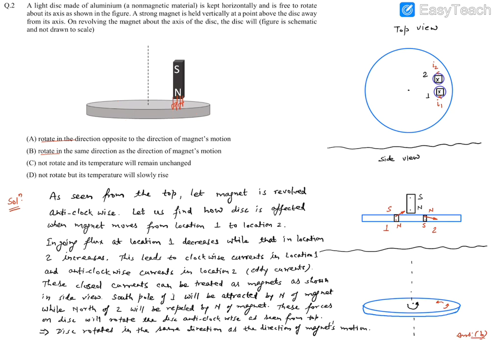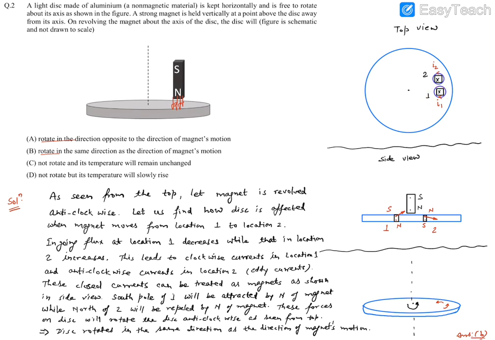But you will find that the field lines are denser just below the magnet. When the magnet shifts from location 1 to location 2, the field line density will decrease at location 1 and increase at location 2. Let's say these two locations are very close by.